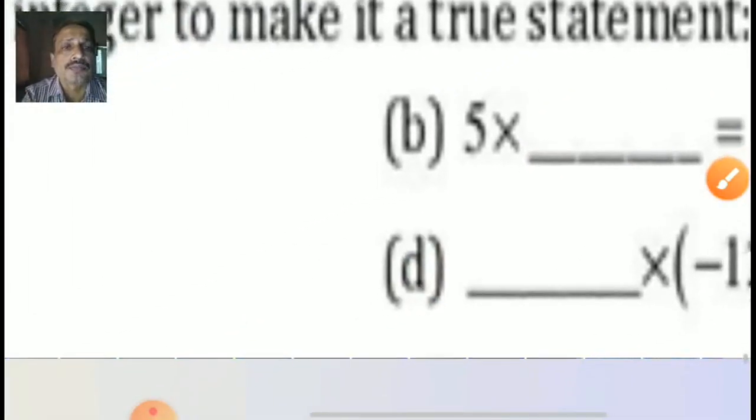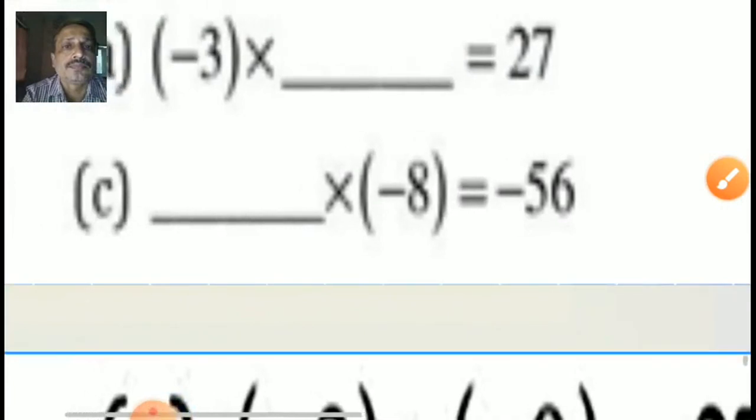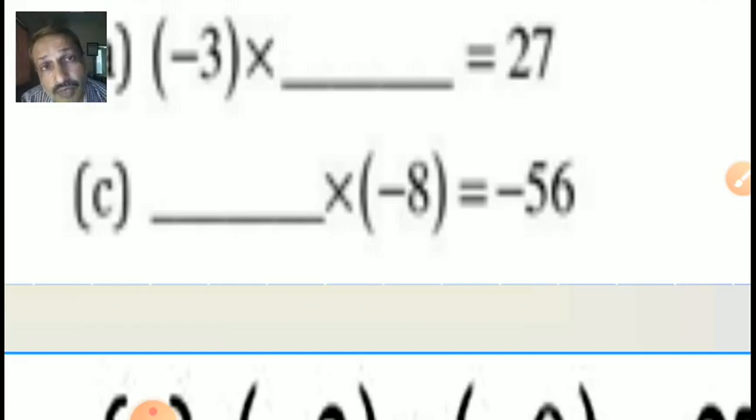See the third question. Oh, very good. One number is negative, the second number is missing. The answer is 56. But we are very, very sharp. You all are very sharp. What?